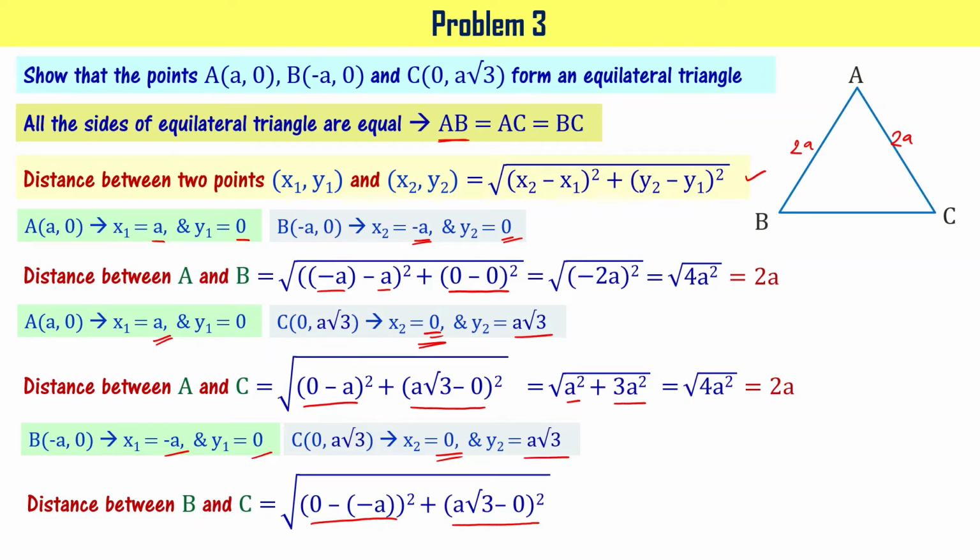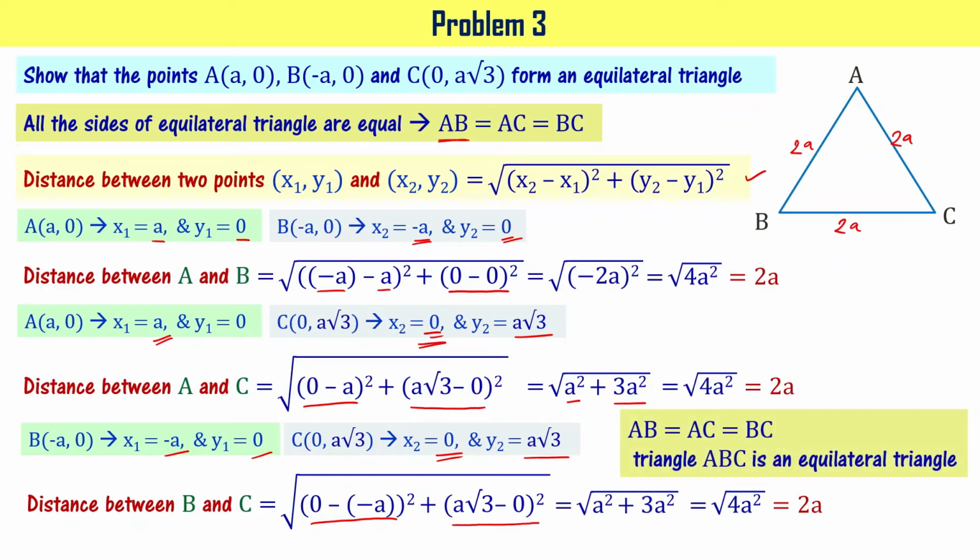When you simplify it, you can write it as the square root of a² + 3a², that is equal to the square root of 4a², that is equal to 2a. Now we obtained BC also as 2a, right? It means AB equals AC equals BC. Hence we say that the triangle ABC is an equilateral triangle. This is what we are asked to show.